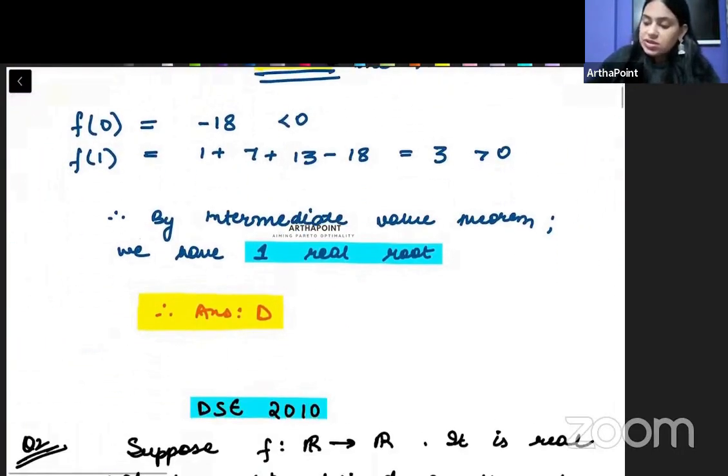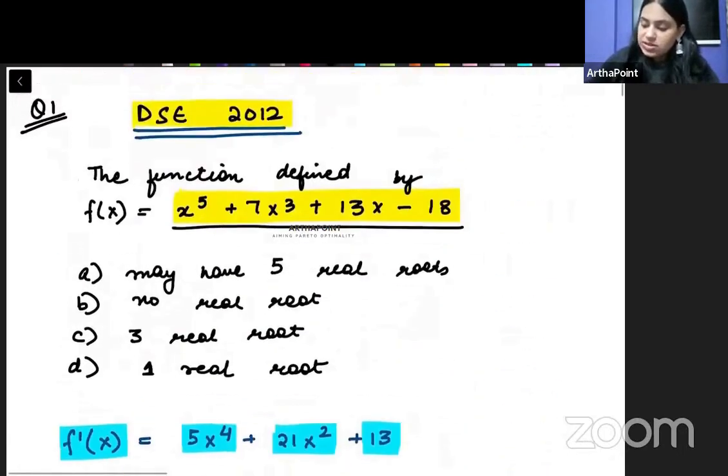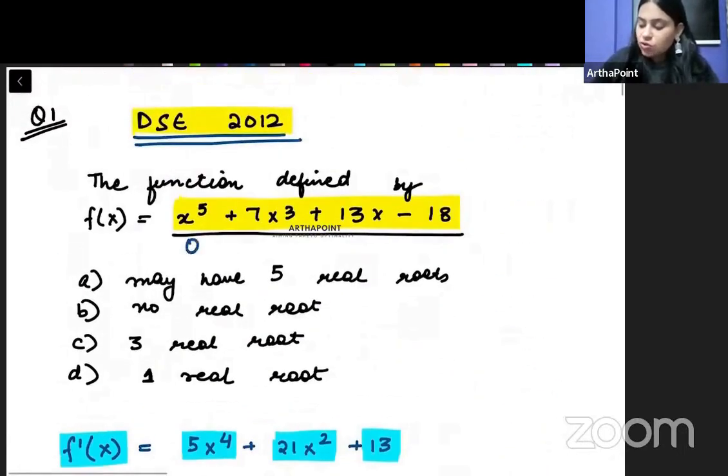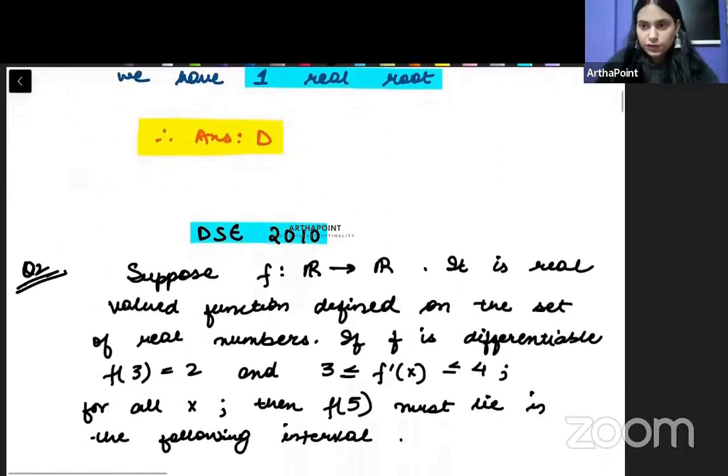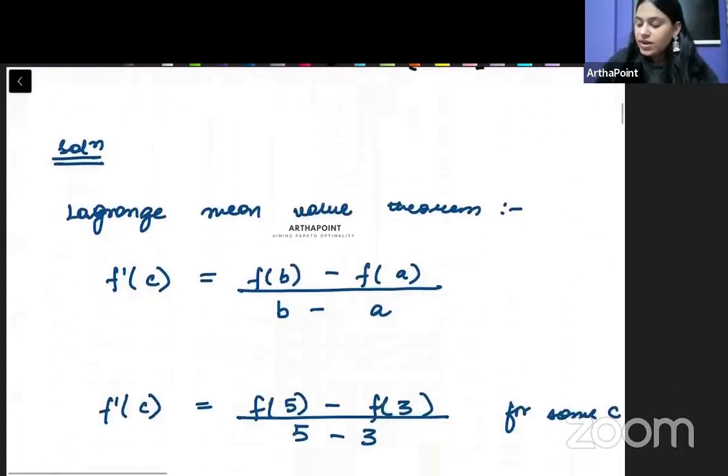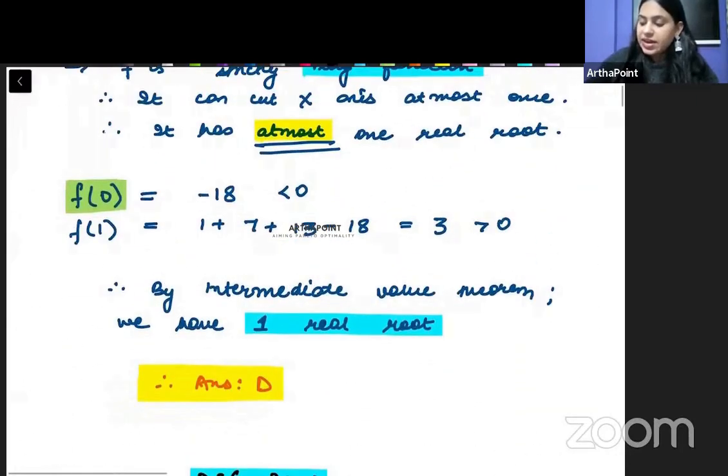So what I am doing is checking the value of the function at x equal to 0. When I plug 0 in this function, I will get 0 plus 0 plus 0 minus 18. So when I plug in 0 into the function, I see that I am getting a negative answer. And similarly, when I plug in 1 into the function, I am seeing that I am getting a positive answer.